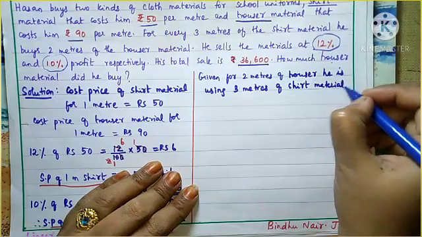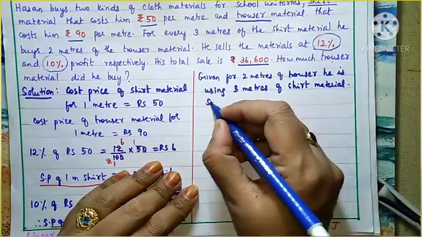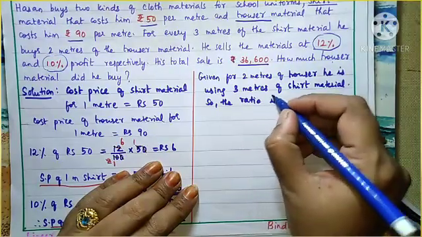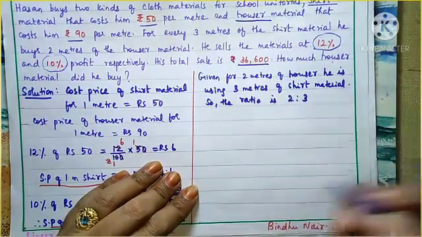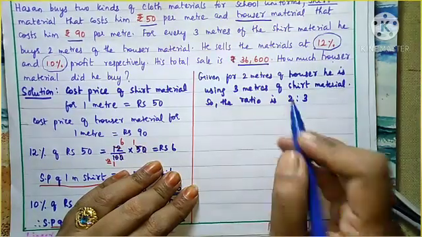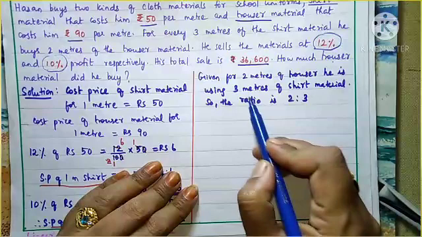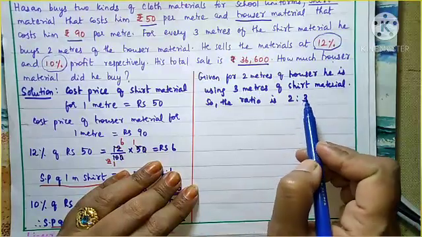Okay. So the ratio is 2:3. Correct? So for 2 meters of trouser, this 2 is for trouser, he is taking 3 meters of shirt.